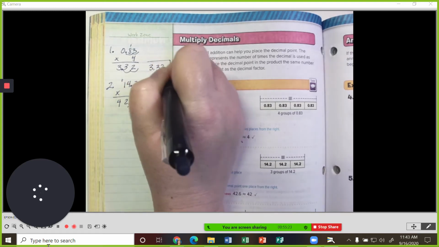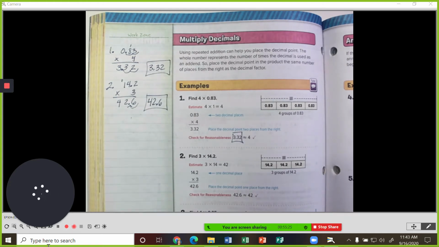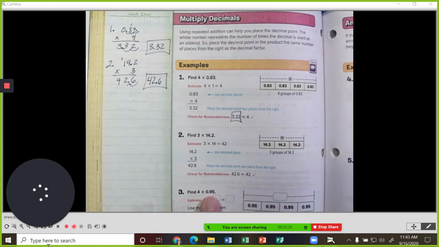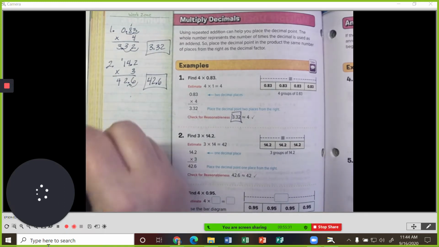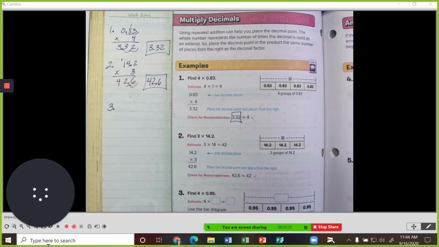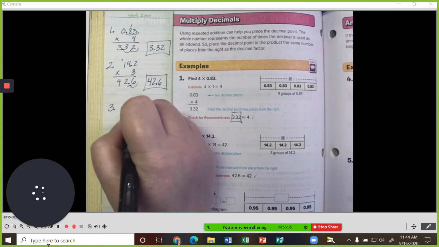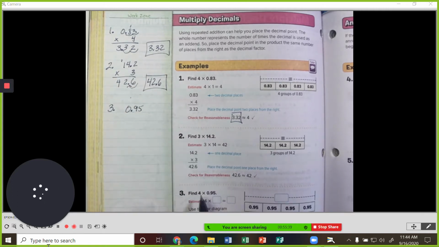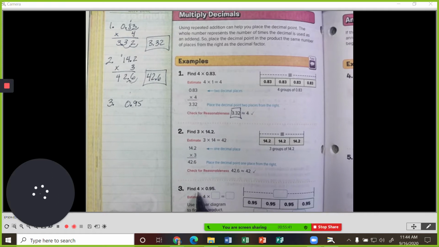Number 1 was 3.32. Okay, example 3 asks us to find 0.95 times 4. So example 3, 0.95, that has 3 digits, 1, 2, 3. 4 just has 1 digit, so I'm going to write that one next.